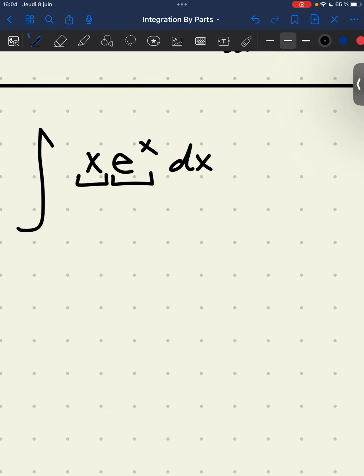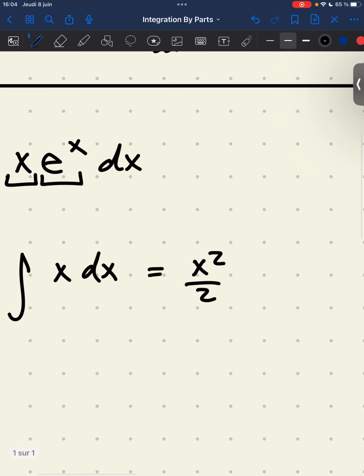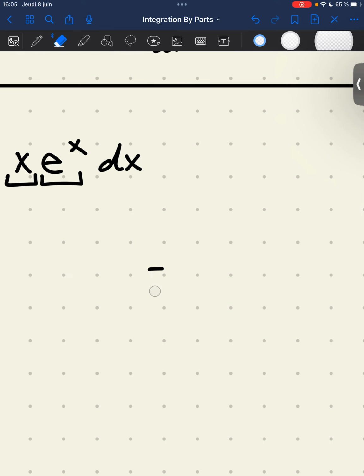The integral of x dx would just be x squared over 2 plus c. But since we have e to the x being multiplied by it, we have to use integration by parts to solve this problem.